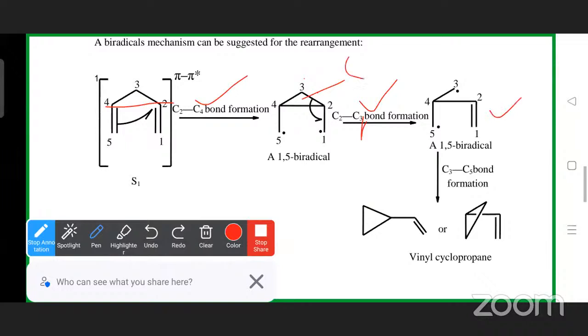Now the leftover radicals are C3 and C5.